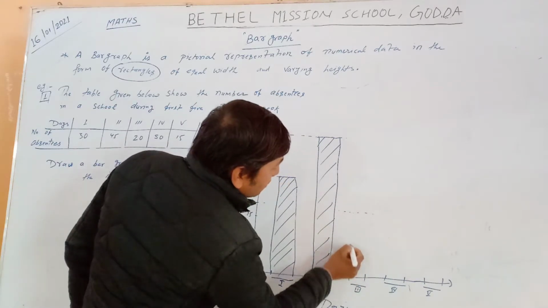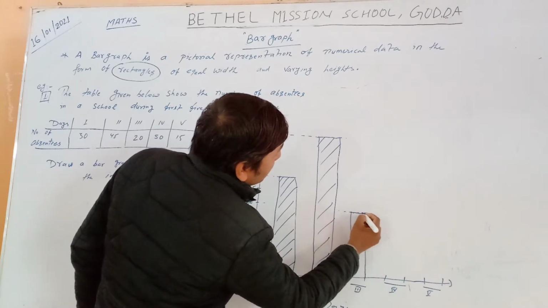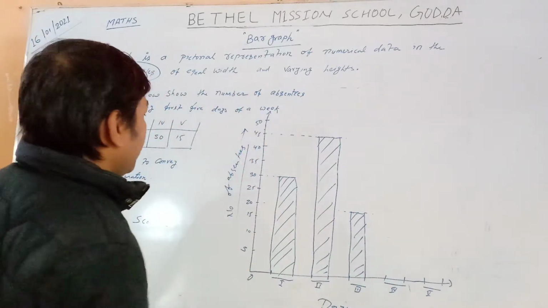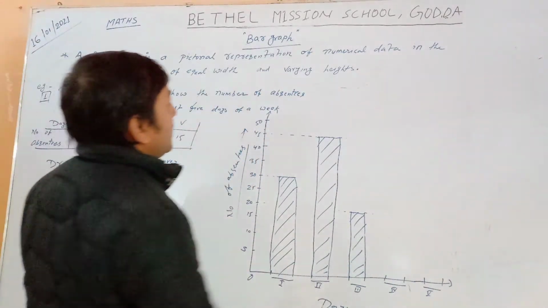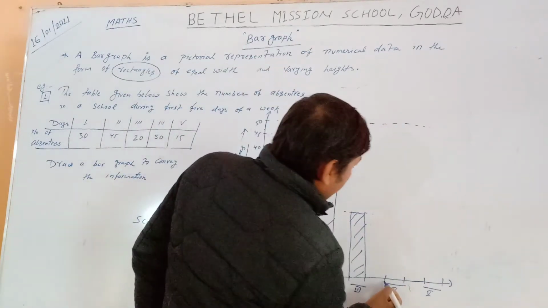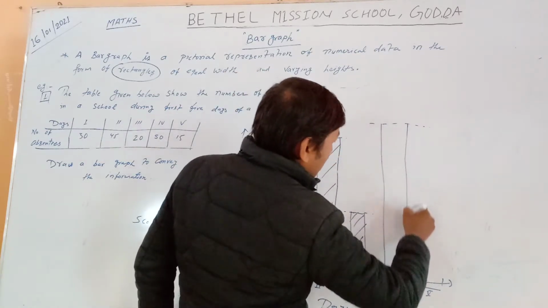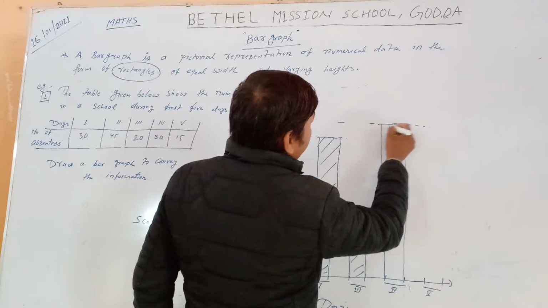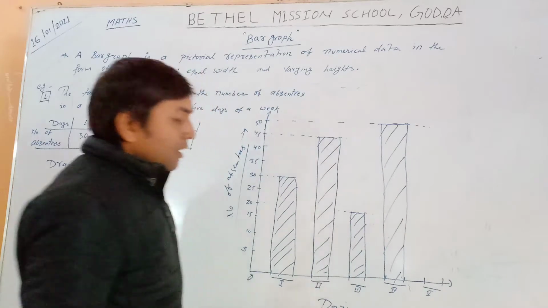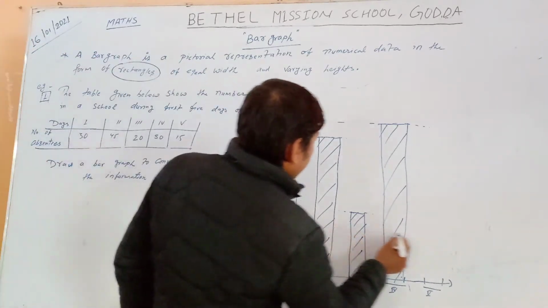So now you can draw a bar also. This is the third day representation, and fourth day 50. Here 50. Okay, start. You will draw with the help of a scale. Now fifth day, that is 15. 15 is here.